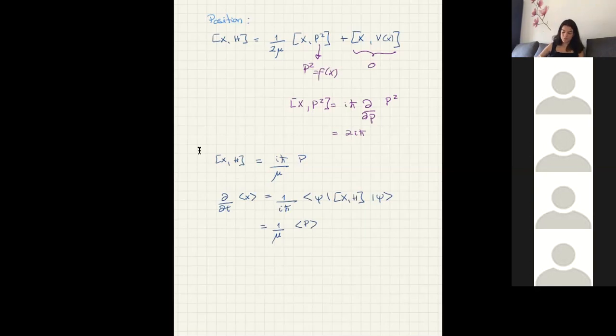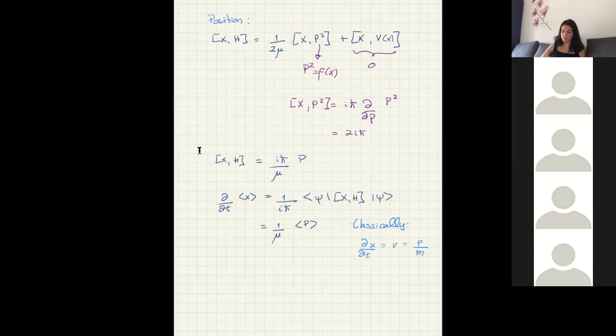And this resembles classical physics, where the derivative of the position is the velocity, which is momentum over mass.